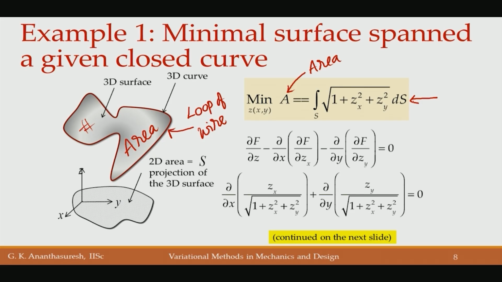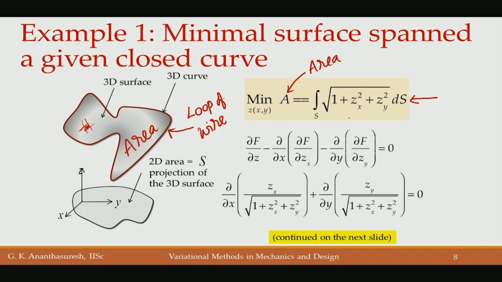Essentially, if I take a little patch here, we have to integrate over the entire surface. The little patch is given by this 1 plus zx square plus zy square. So, when we have this expression of minimizing area, you can see that the integrand now depends on z sub x, z sub y.